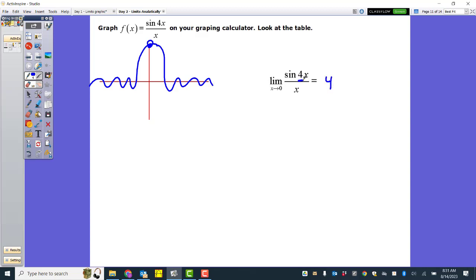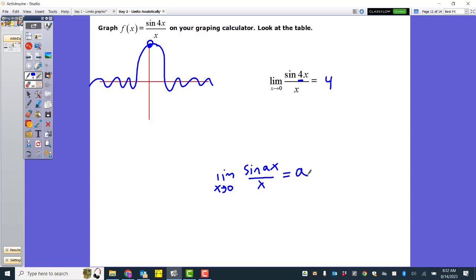So what do you think this number right here does to help us figure out what this limit is? That number determines it. So the limit as x approaches 0 of sine A x over x is equal to 4. Or sorry, not 4, is equal to A. So whatever that number is will help.